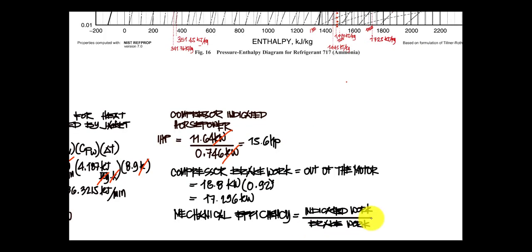Now the mechanical efficiency is the ratio of indicated work divided by the brake work. Our indicated work, which was already calculated, is 11.64 kilowatts, all over the brake work, 17.296, also in kilowatts.